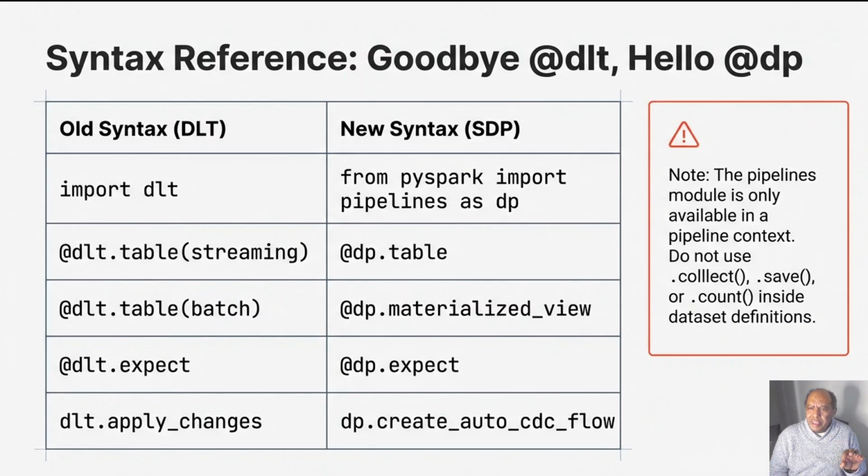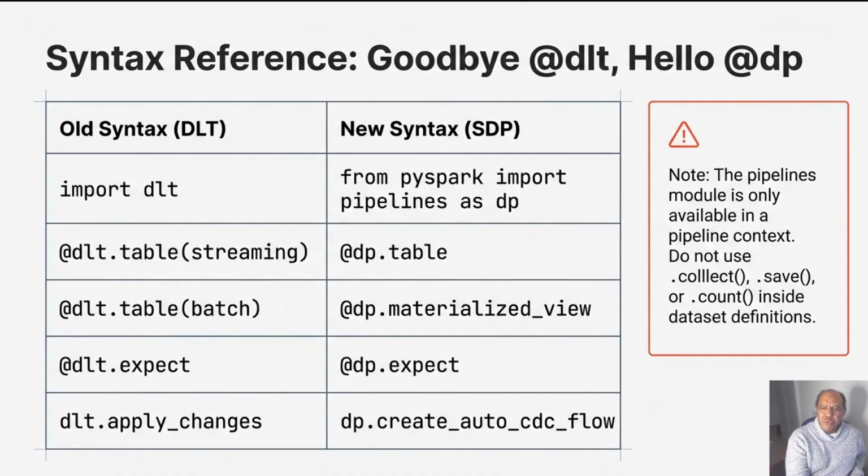So DLT is being replaced by the PySpark import pipelines. They are doing similar functionality, but now it is PySpark doing the pipeline. This is more than just a cosmetic change.